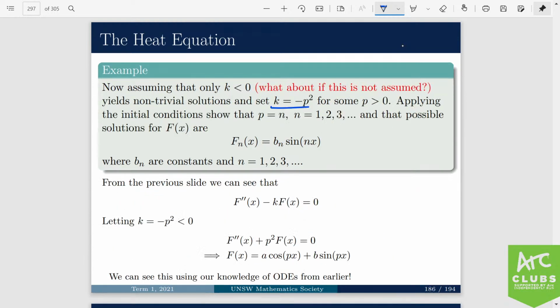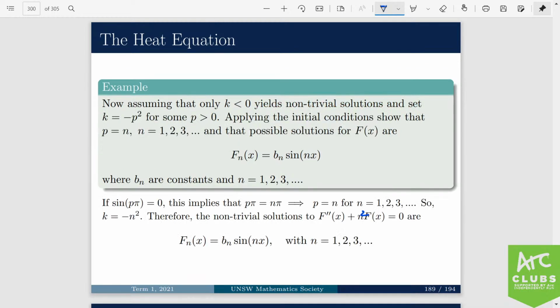Going back to here, we're just replacing p by n, so that should be squared, equal to 0. So the non-trivial solutions to this equation are this, right? We've said that p must be equal to n, so we put that in for n equal to 1, 2, 3, 4, 5, all the way through.